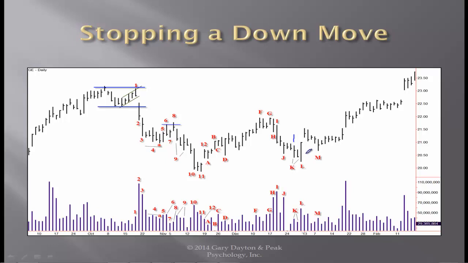All right, so J, we see evidence of demand come in. K, and certainly L, well, forget L for the moment. K, we see an inability, we're trying to hold around the low of J. On the bar after K, we see that light volume coming in to the downside. And how come, you have to ask yourself?